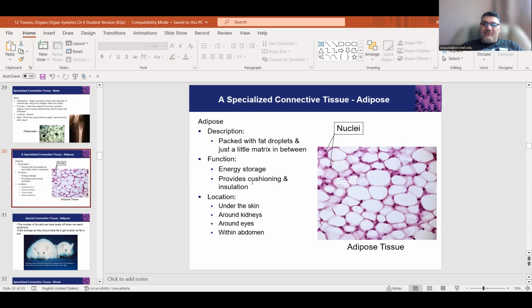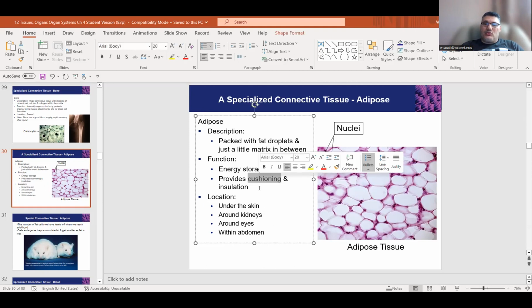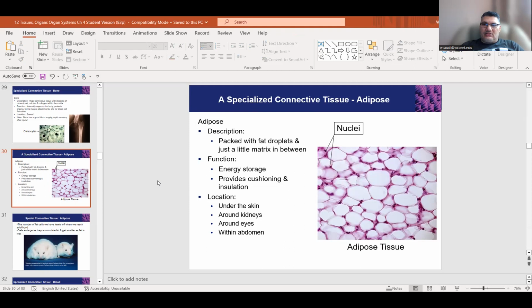So why do we have the fat? Cushion, that's one. Insulation, what do you mean? If one of us is having more fat than the other, the one that has more fat will be more insulated and will feel the heat more. It's insulation keeping your heat in.